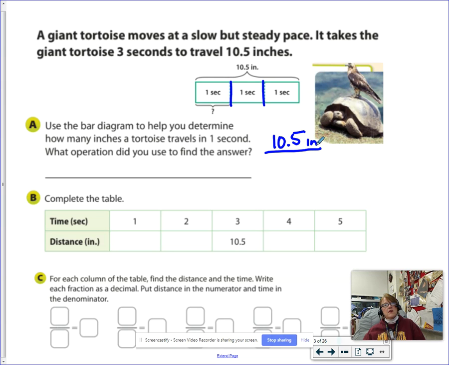In other words, 10.5 inches for 3 seconds, that's a rate, different units. I'm comparing two numbers with different units. When you divide it so that you get 1 second, on your calculator, you'd get exactly 3.5. What operation did we use?